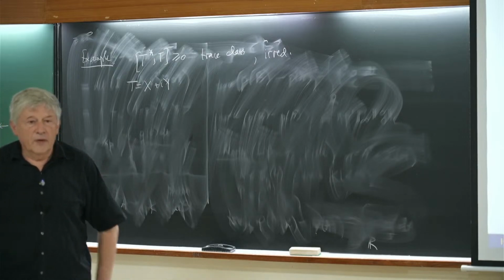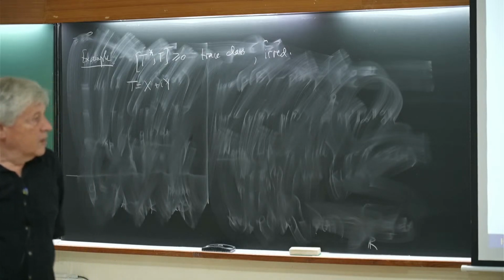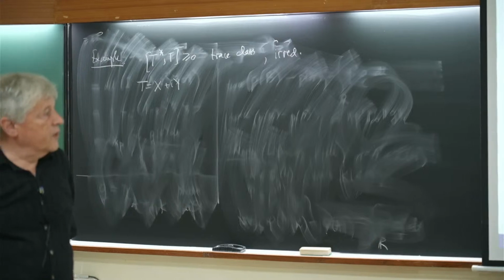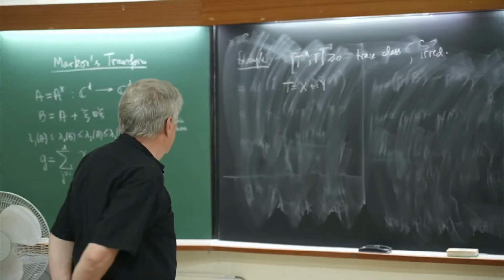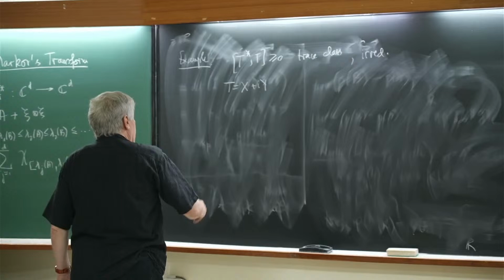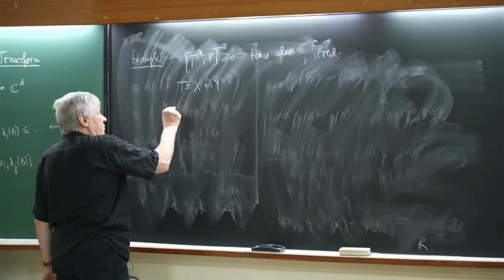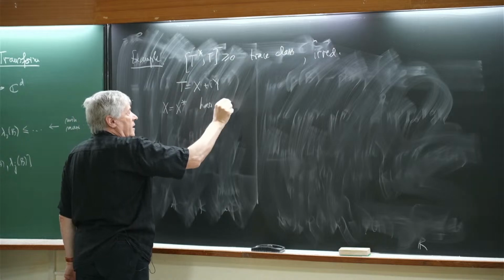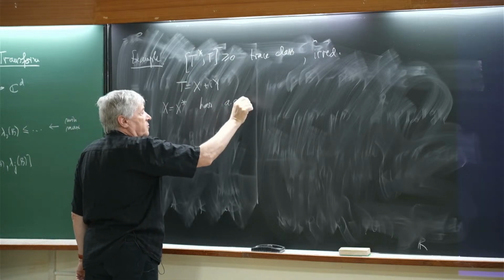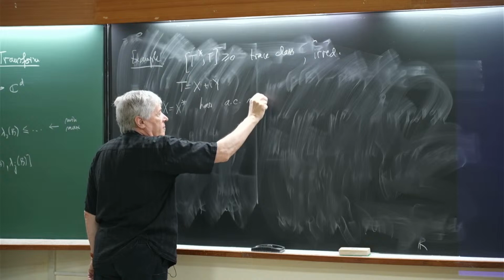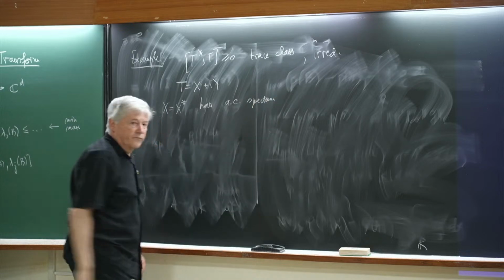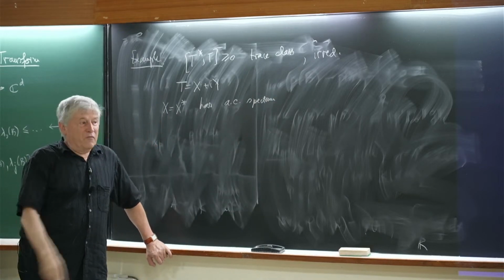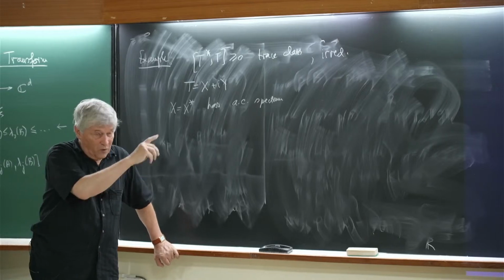Consequence of the Berger-Shaw inequality: X is self-adjoint, of course, but has only absolutely continuous spectrum. Non-trivial. This is one of the inequalities which is there.